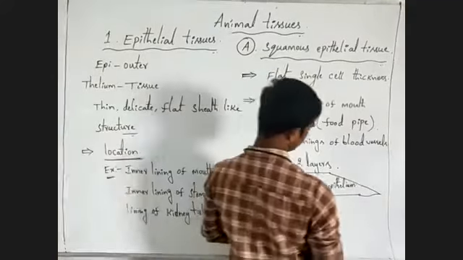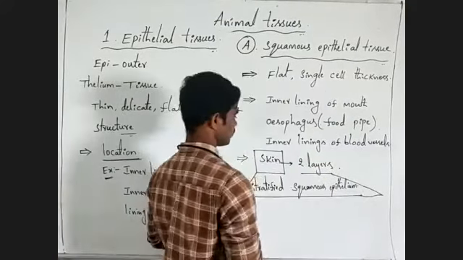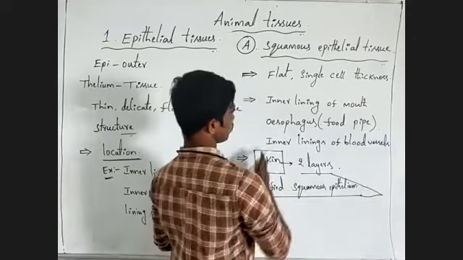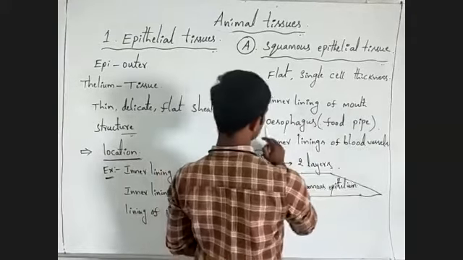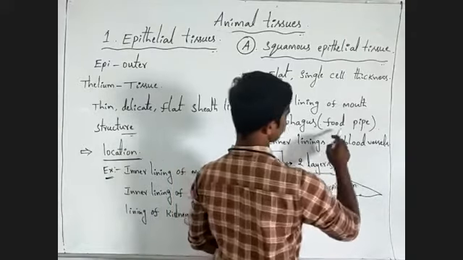Stratified squamous epithelium is present in skin. Locations are the inner lining of the mouth and the lining of the esophagus.